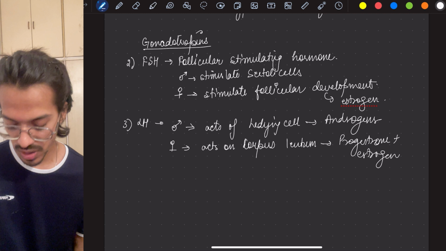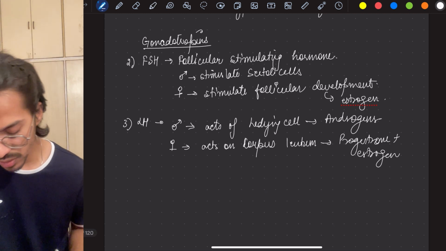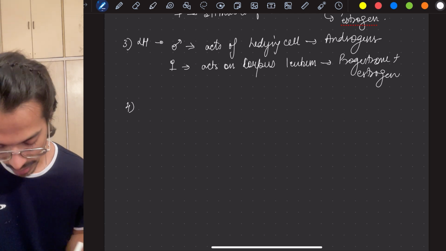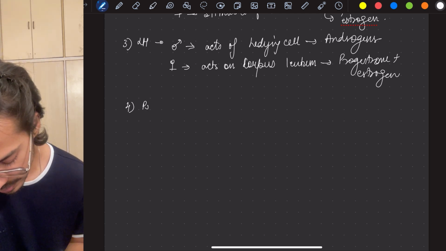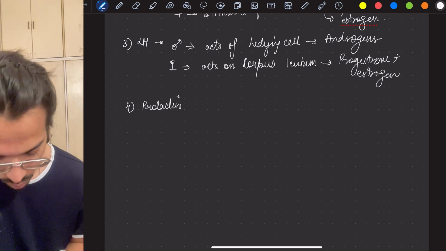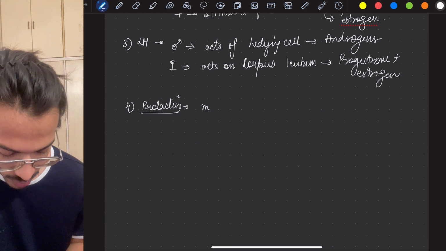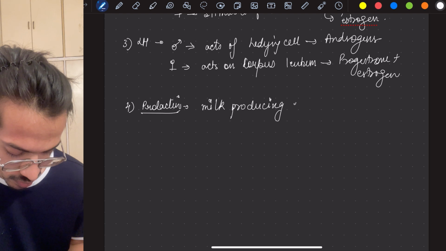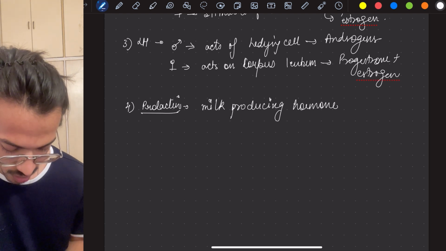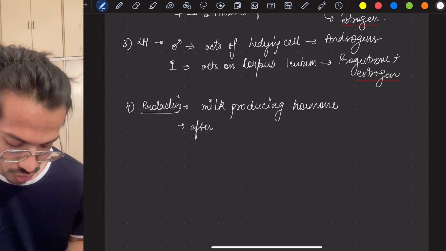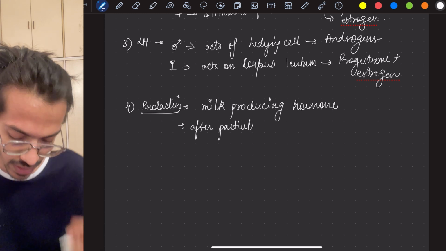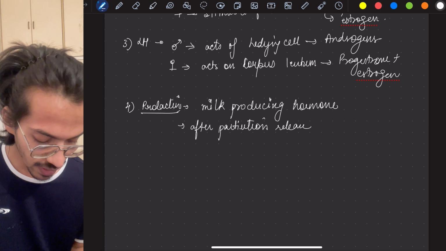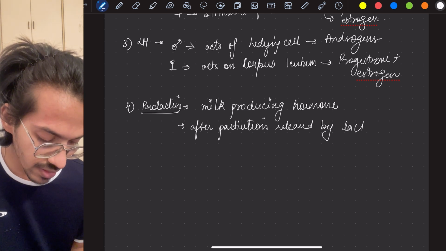These are the gonadotropins. After gonadotropins, we have other hormones which are secreted. The next hormone is prolactin. It is the milk producing hormone. After parturition, that is after the delivery of the baby, it is released by lactating females.